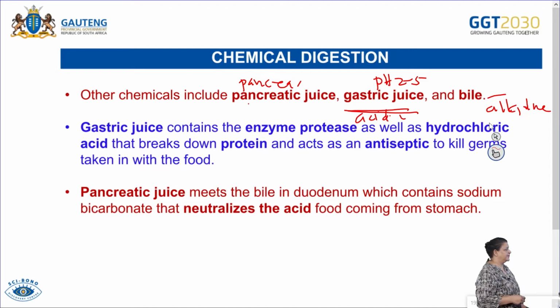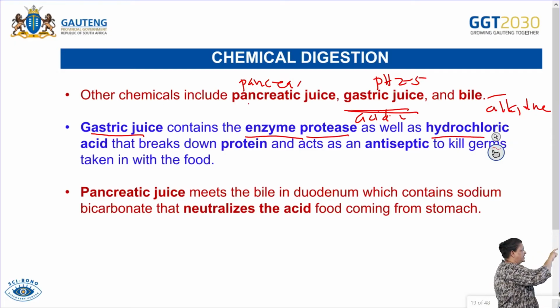juice. Okay. So gastric juice contains enzymes, protease, as well as hydrochloric acid. Now, the food that's in the stomach is very, very acidic. That's where you get gastric reflux. It burns because the food from the stomach is going up.